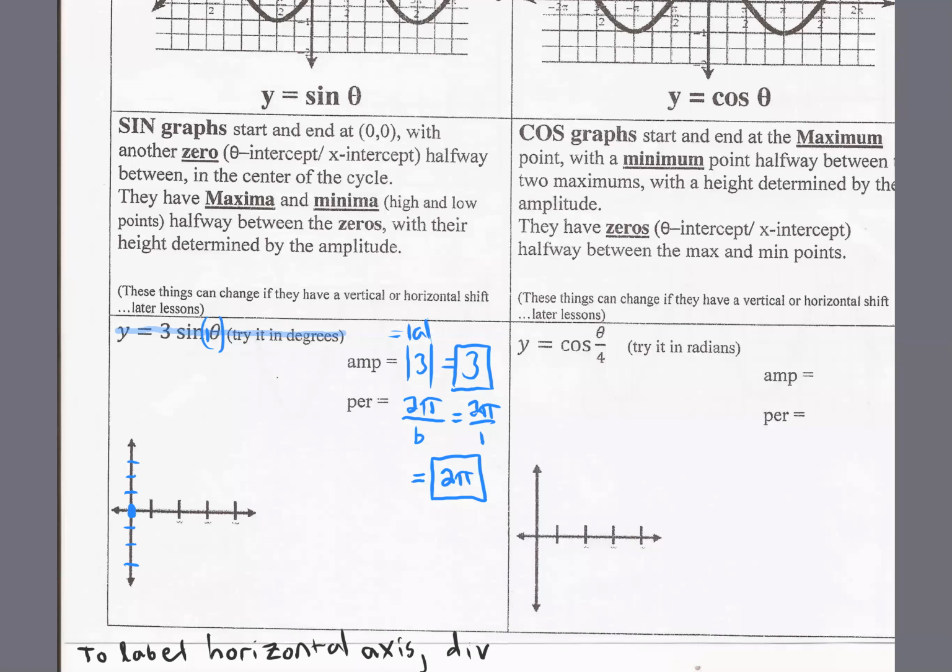Here, my period is 2 pi, so I'm going to divide that by 4.